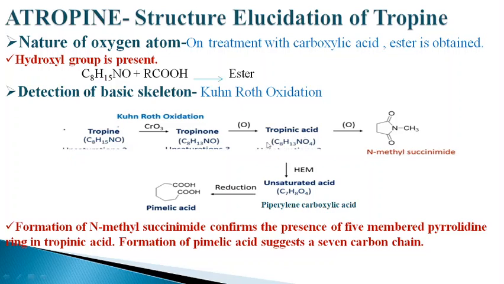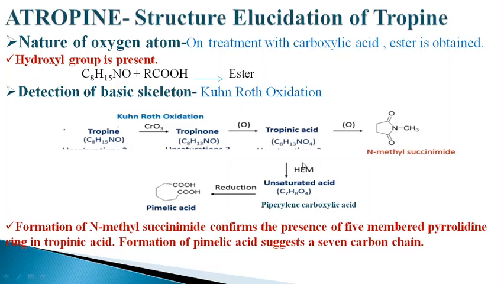Secondly, when tropinic acid is subjected to Hofmann's exhaustive methylation, we get an unsaturated acid. Scientists got an unsaturated acid known as piperidine carboxylic acid with the formula C7H8O4.